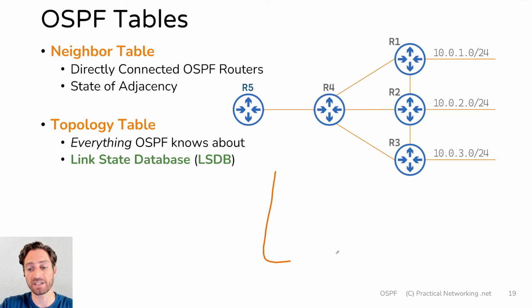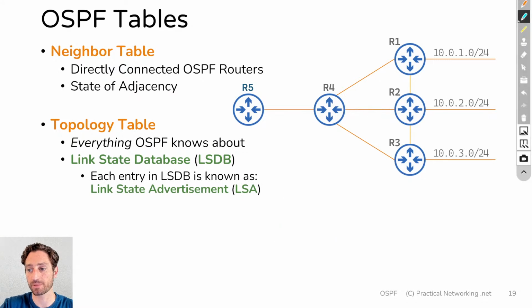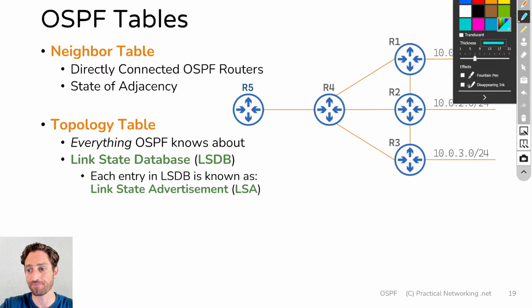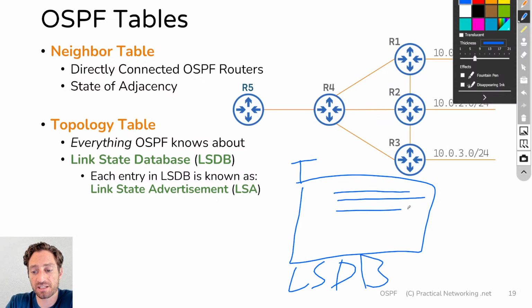Now, the entire table is the LSDB, but all the entries within the LSDB are referred to as an LSA. Let's actually use a better pen. So an actual topology table, this is the topology table of a particular router, also referred to as an LSDB, but every single entry within the LSDB is referred to as an LSA.